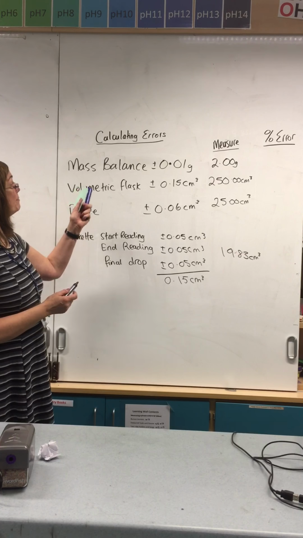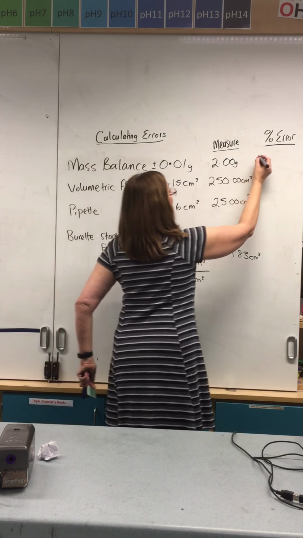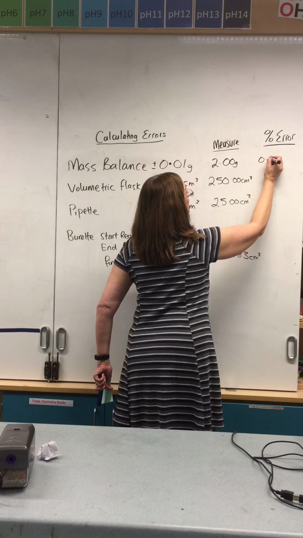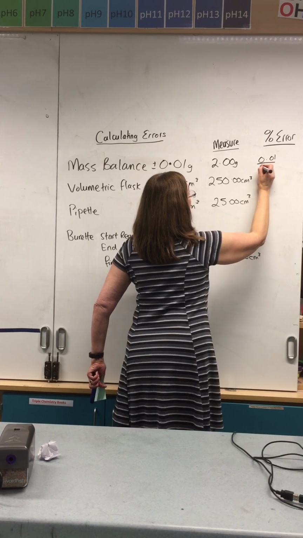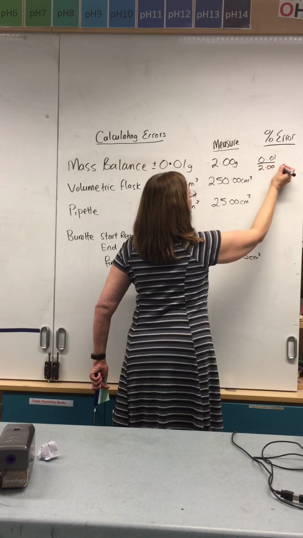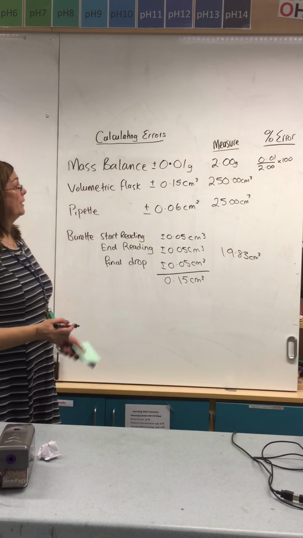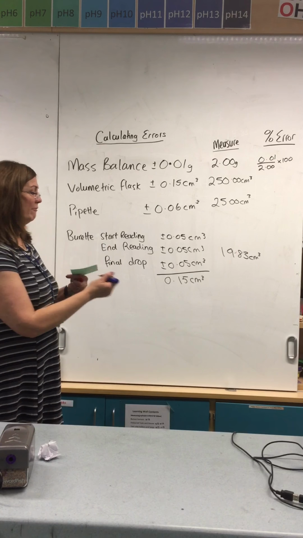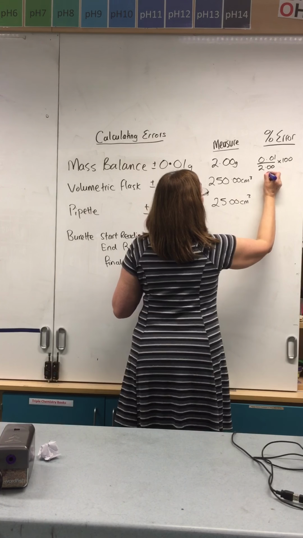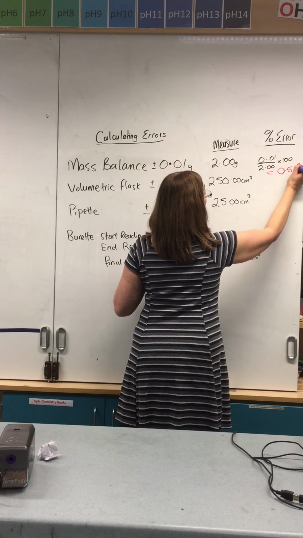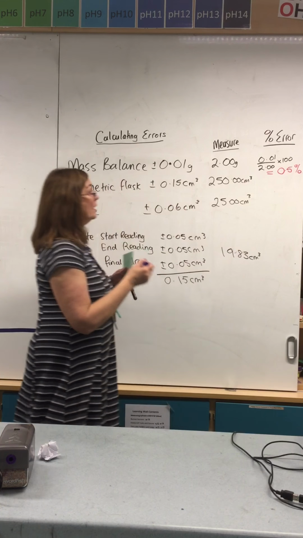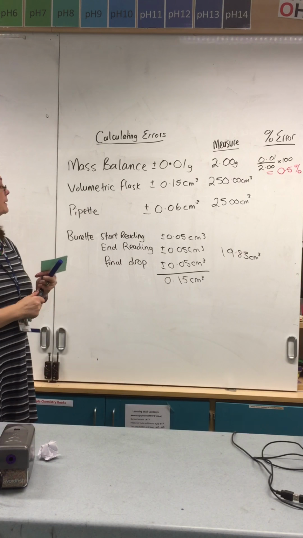So in this case, for the mass balance, the error was 0.01. I measured it over 2 grams times by 100. So that would give me an error, in this case, of 0.5%. So that's for the mass balance.